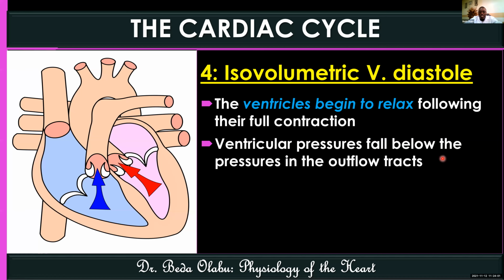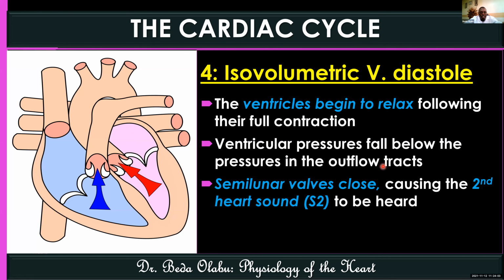When the pressure within the ventricles decreases, semilunar valves will close. The closure of the semilunar valves will cause a heart sound, and that's the second heart sound. Remember, first heart sound is a lub, second heart sound is a dub. So this is the dub.